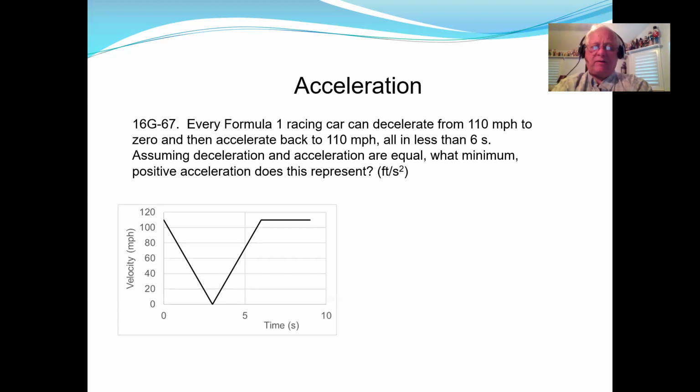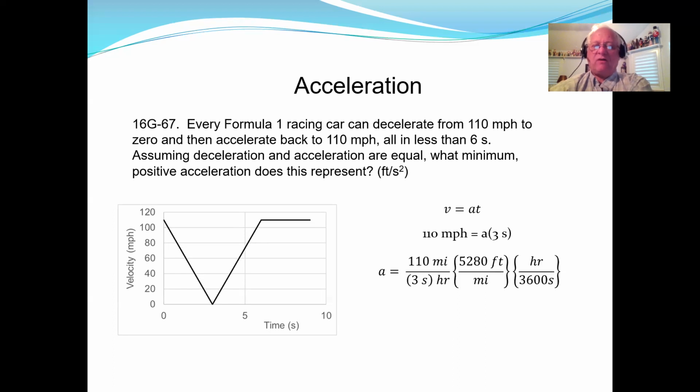I have 110 miles an hour of velocity, and the time is 3 seconds. That's the interval of the acceleration. So I can solve this for A. The acceleration is 110 miles per hour over 3 seconds. And then I use 2 unit conversions. The squiggly brackets represent unit conversions, where inside the bracket is basically a dimensionless 1.